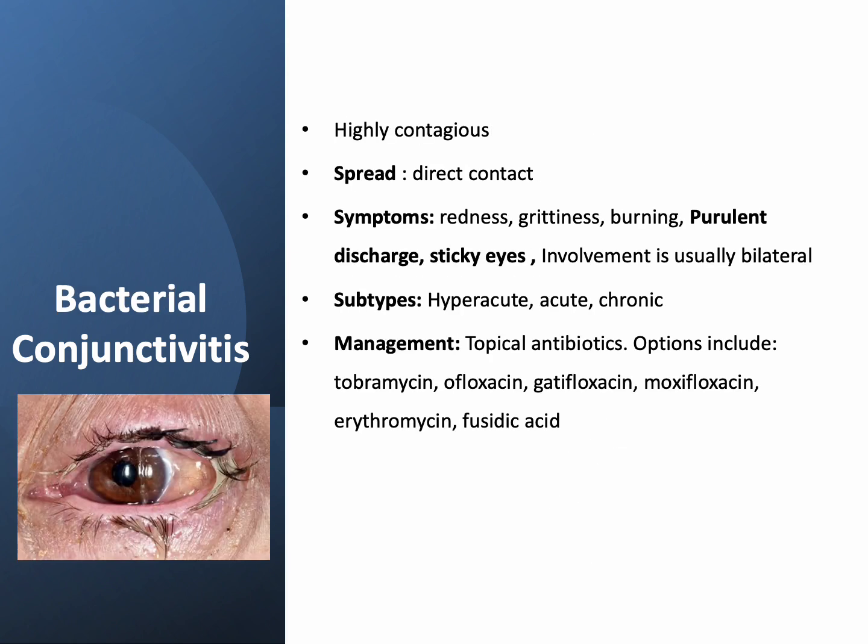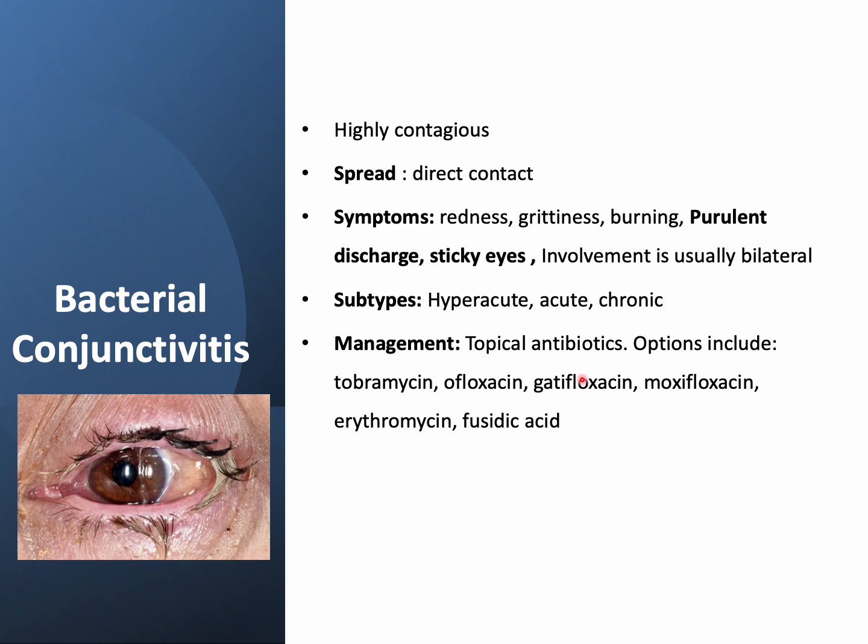The second type or second cause of conjunctivitis is bacterial conjunctivitis. It's very contagious. You can see from the picture, you can have very severe discharge and redness. The eyes become sticky, and sometimes the patients complain that when they wake up from sleep, they cannot open their eyes due to the severity of the discharge.